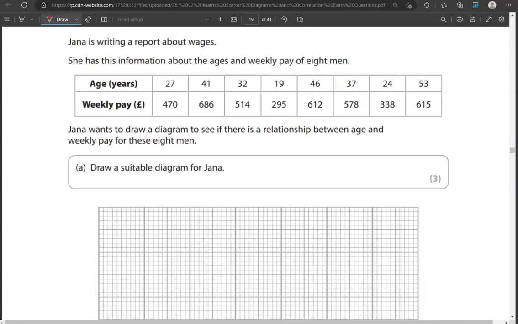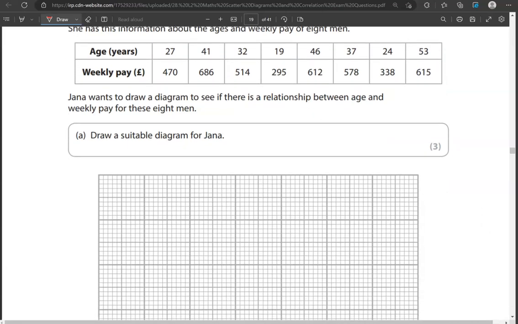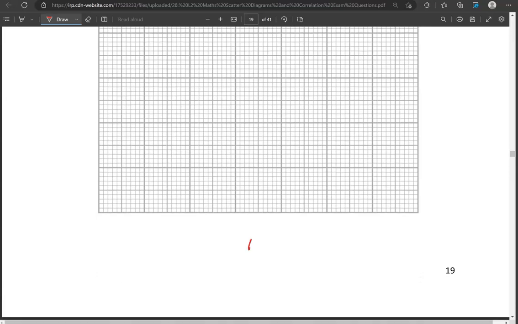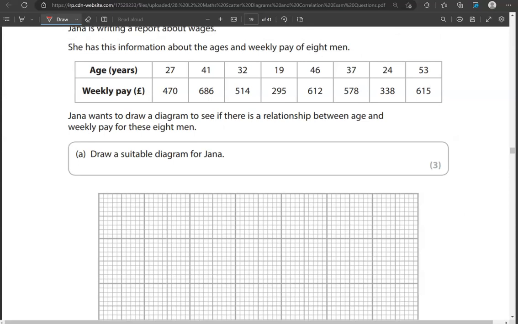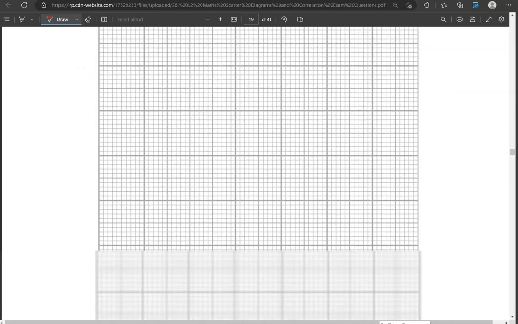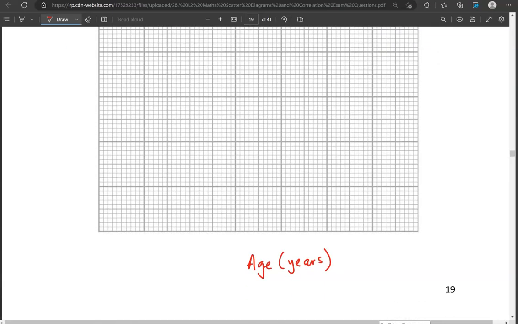Okay, so we'll show age in years horizontally, which goes up to 53. So 10, 20, 30, 40, 50, 60, so that works.